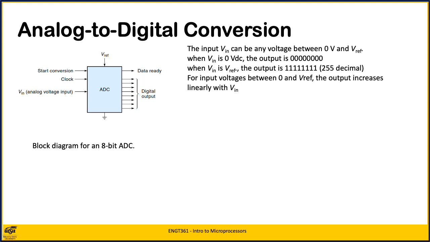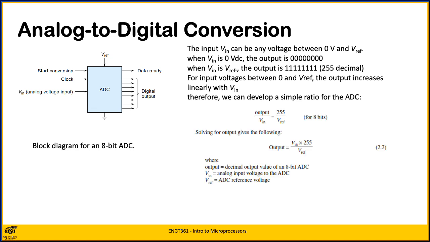For input voltages between 0 and the reference voltage, the output increases linearly with Vin. Therefore, we can develop a simple ratio for the ADC. Basically, the output voltage is 255 multiplied by the ratio of the input voltage divided by the reference voltage.